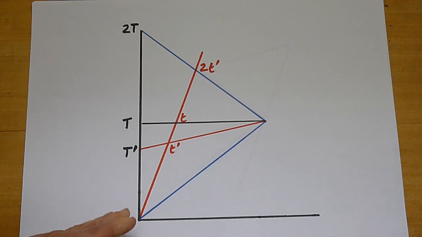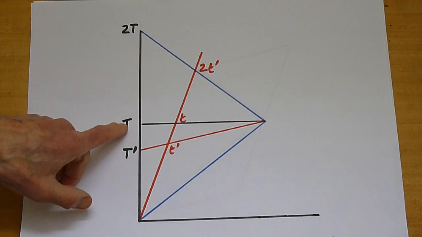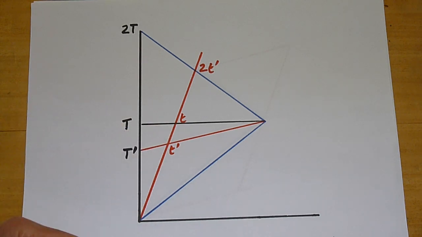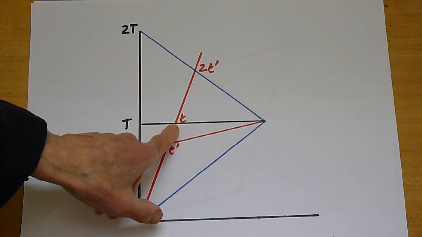This is how it works. Because if you enter simple values into the Lorentz transformations, the equations, for say t and the velocity at which you are moving away, you arrive at a value for little t.